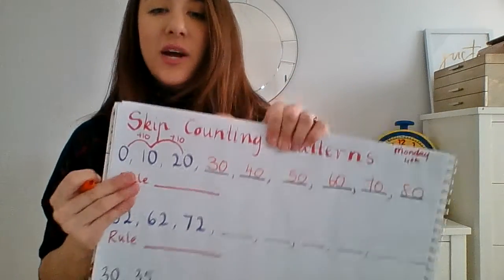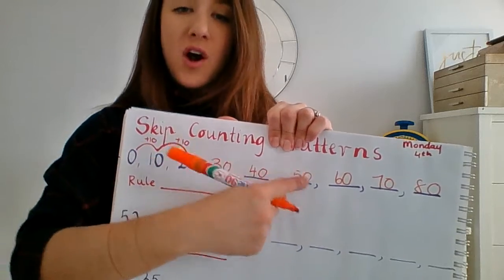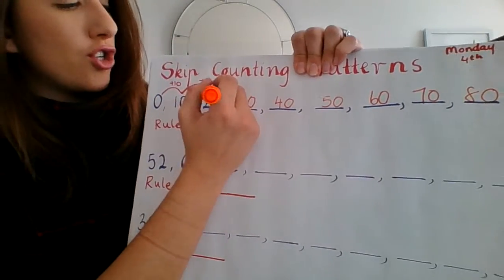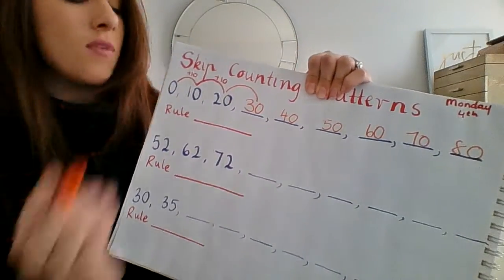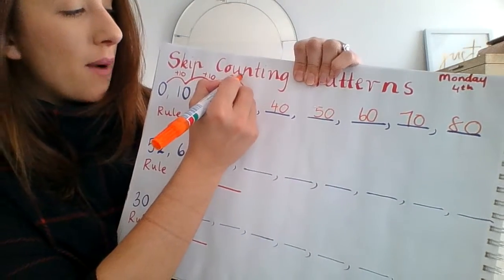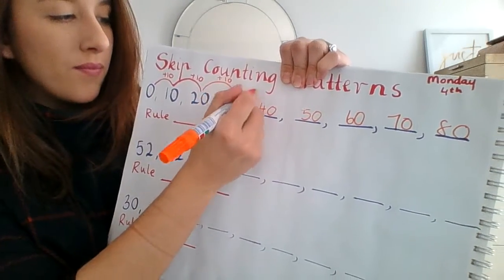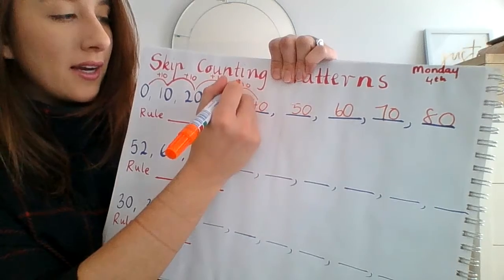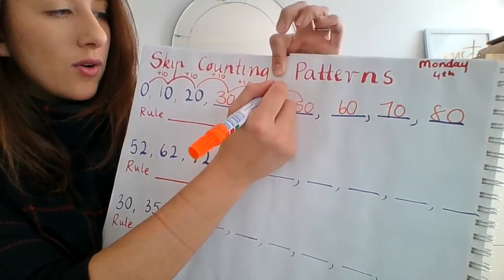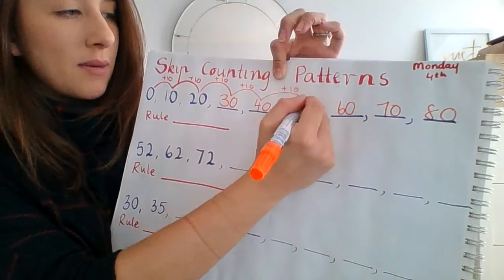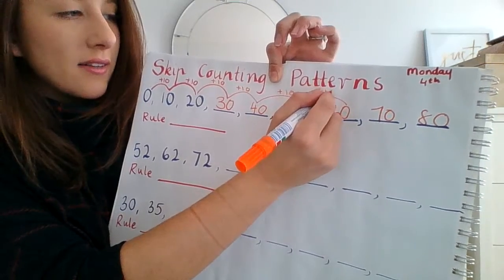Now each time you make that jump, I actually want you to show your jump like this, and I want you to write how many you are adding each time. Each time I am adding 10, because we are skip counting by tens.